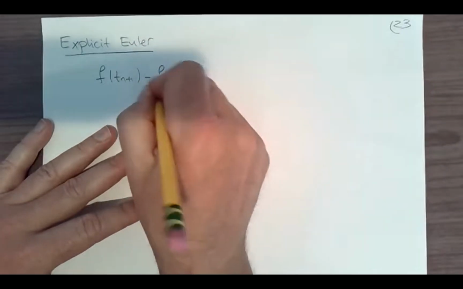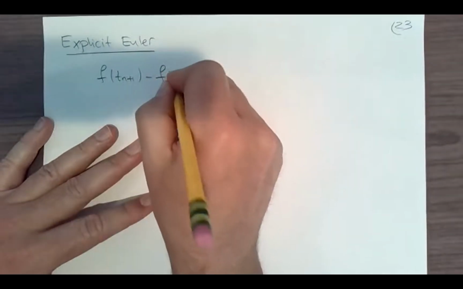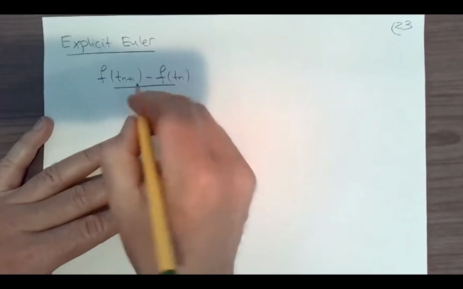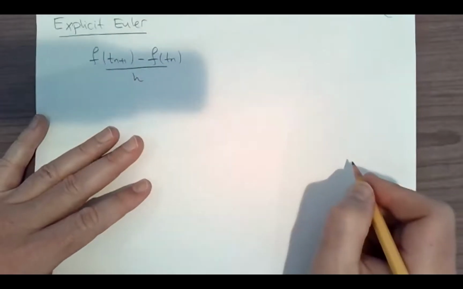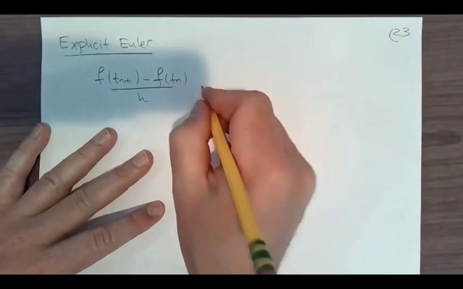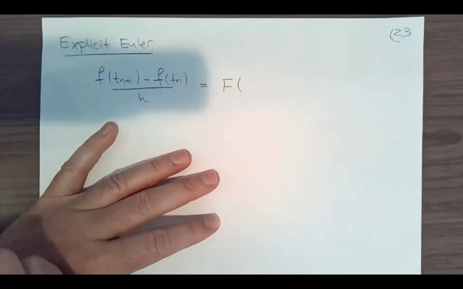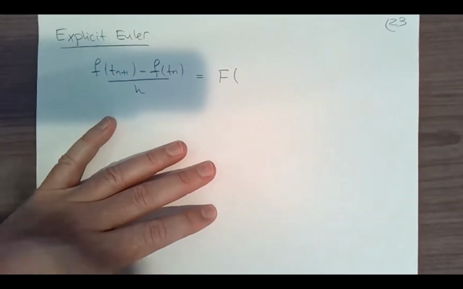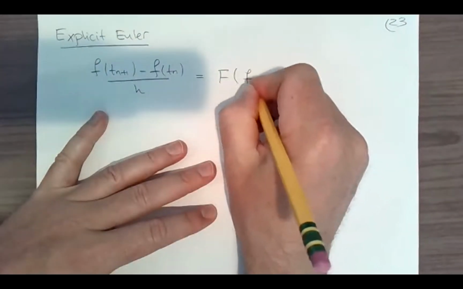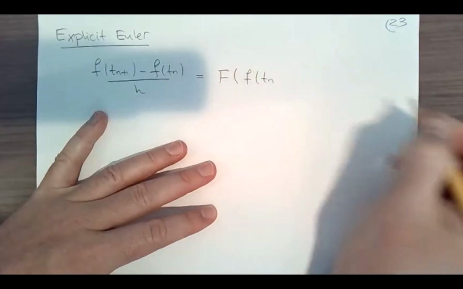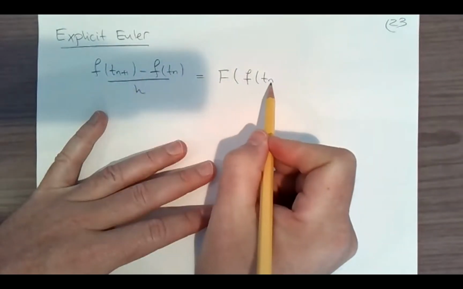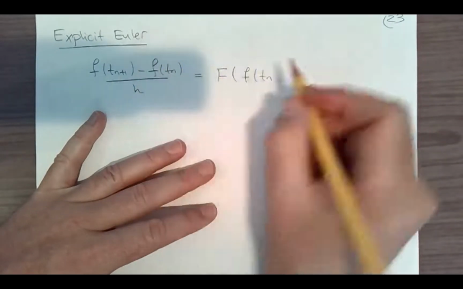I'll use the forward. So this here, I have this choice inside my function f. I can either put f at Tn or Tn plus 1. And if I put Tn, I'm going to get the explicit one.